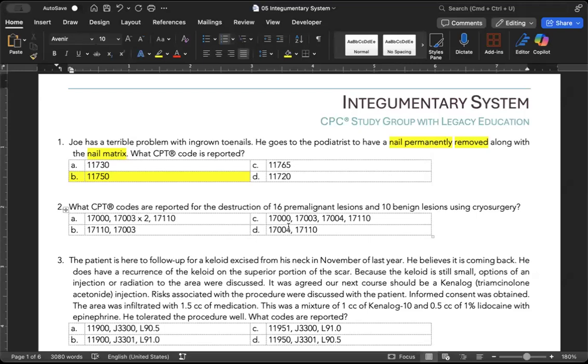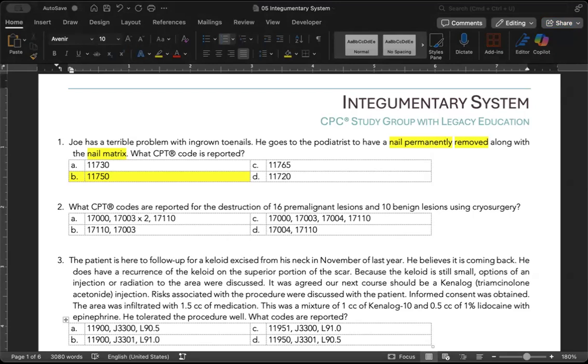So we'll go to the 17,000. 17,000 is destruction, whether it be laser surgery, electrosurgery, cryosurgery, chemosurgery, or surgical curettement of premalignant lesions. And it's for the first lesion.